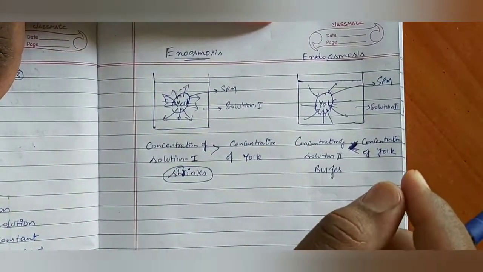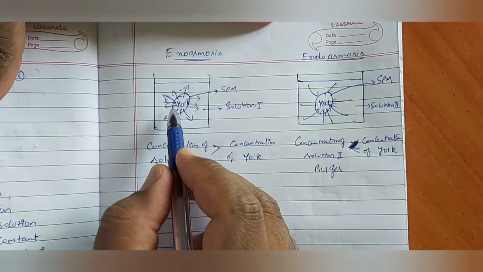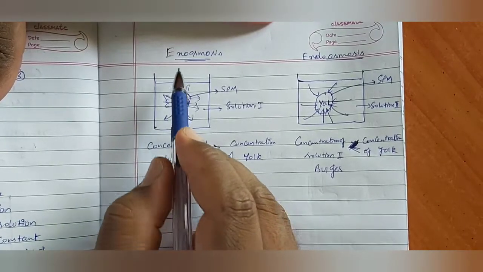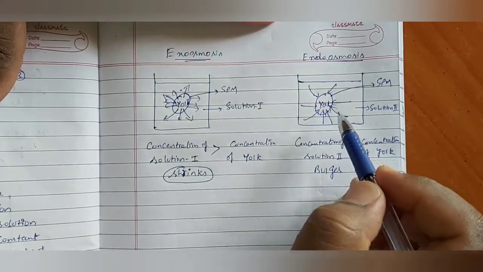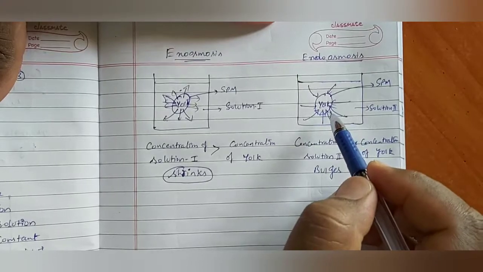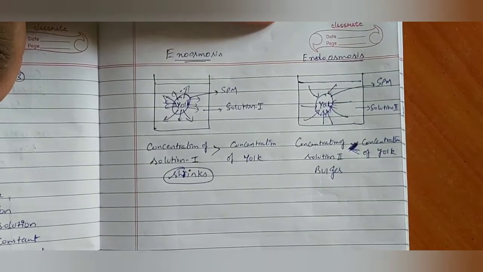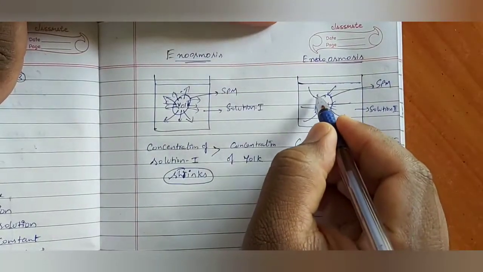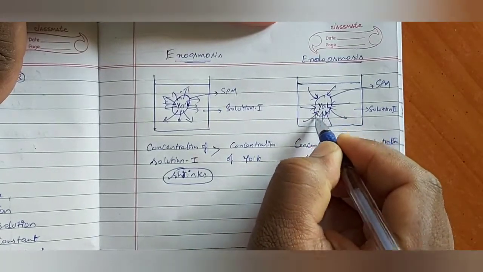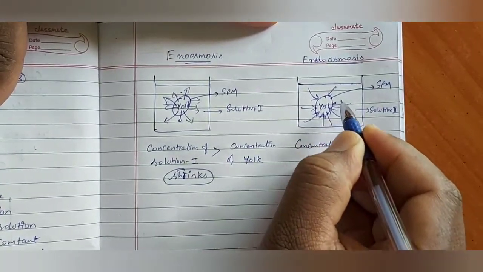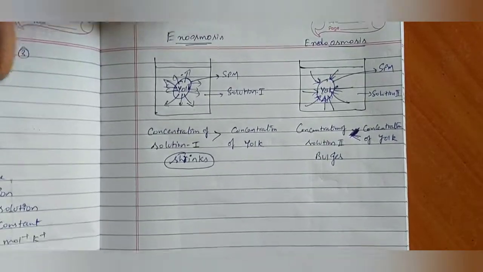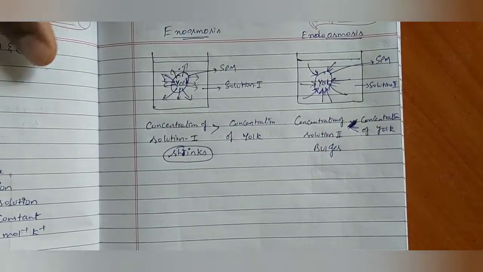Here water molecules are coming out of egg yolk, that is exoosmosis. Here water molecules are entering into the egg yolk, that is called endoosmosis. This is about exoosmosis and endoosmosis.